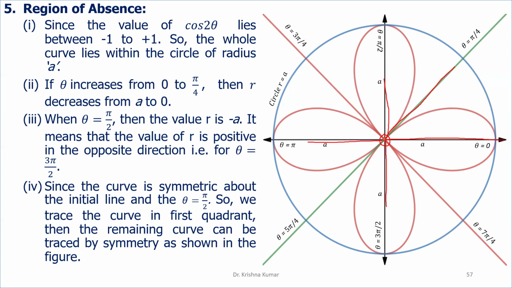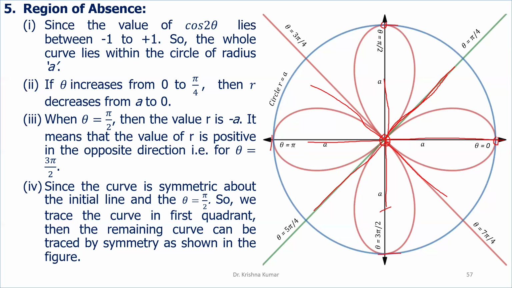Second, the tangents at the pole: this is the first tangent, this is the second, this is the third, and this is the fourth. And what is this point? It is (a, 0). This is (0, a), which means this one is against, because it will come minus, so this is a. So we are getting 4 different points over here.